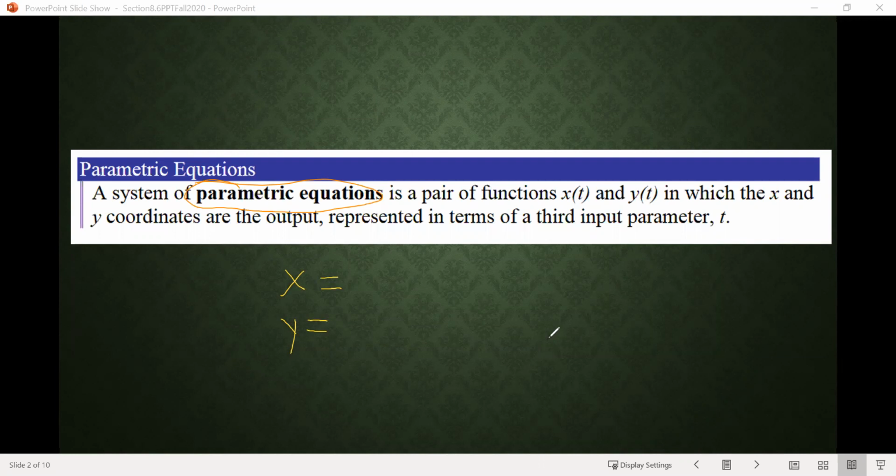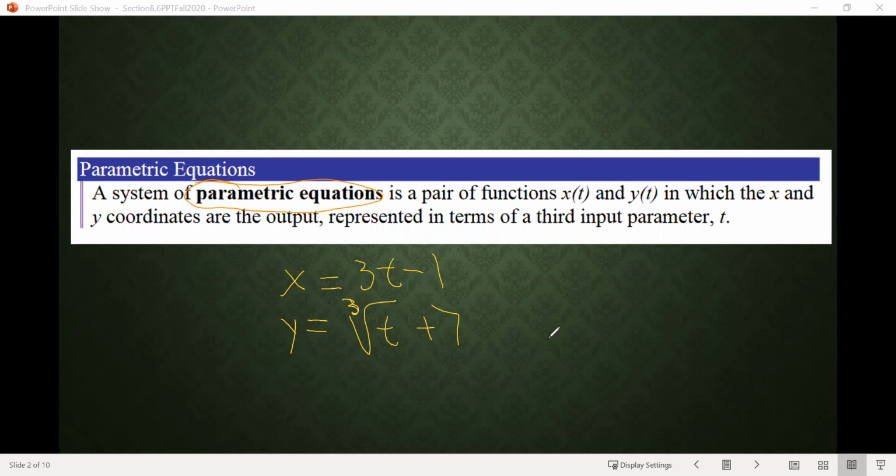So an example of a set of parametric equations might be something like x is given by the function 3t minus 1, and y is given by the function cubed root of t plus 7. And so as you can see, we could choose values for t, plug them in simultaneously into each of these equations and find corresponding values of x and y, and then plot points from there.